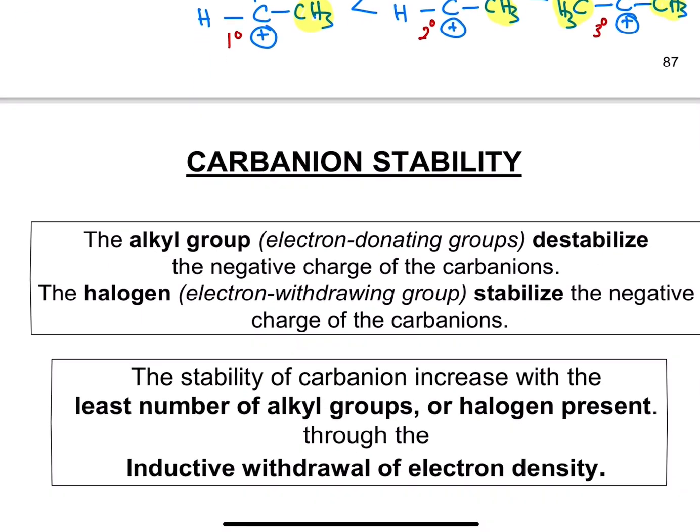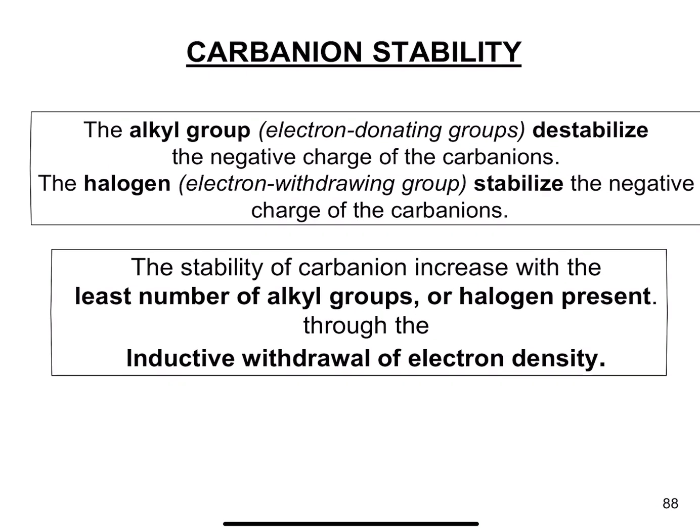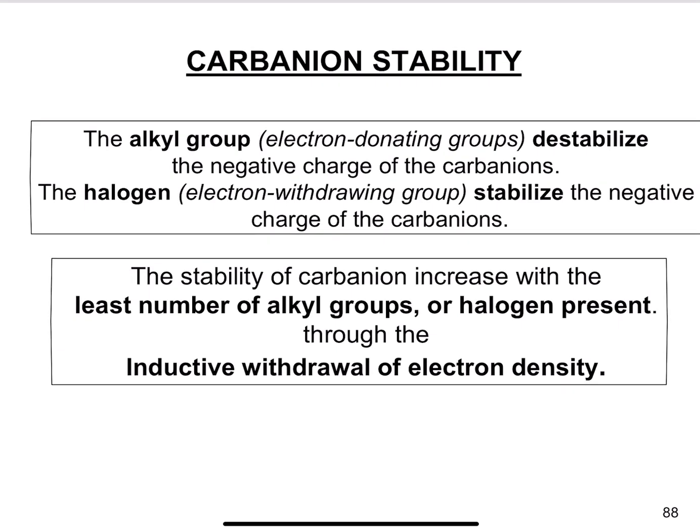Next, what about carbanion? I think by now you can guess that the trend will be opposite. Okay, because carbanions are already negatively charged. Kalau kita supplykan dia dengan lebih banyak EDG, dia suka tak?